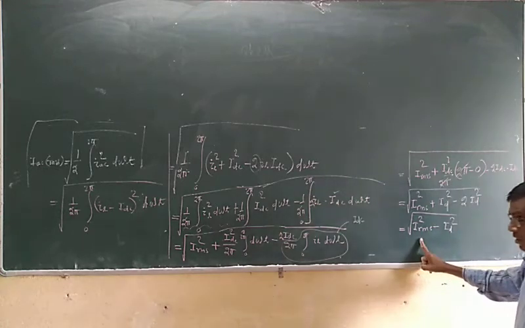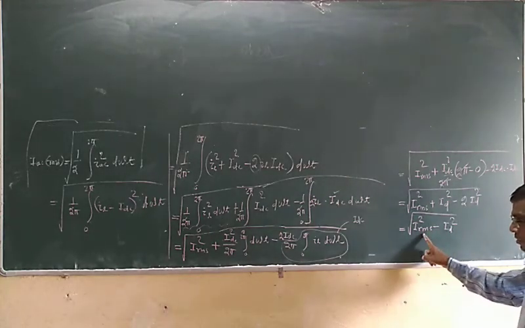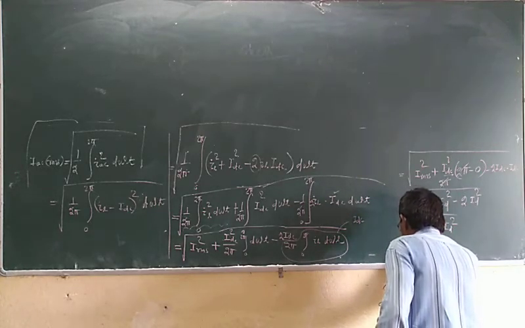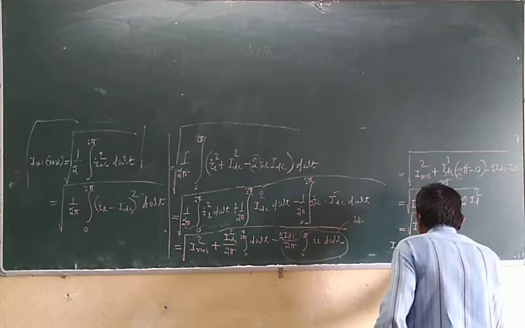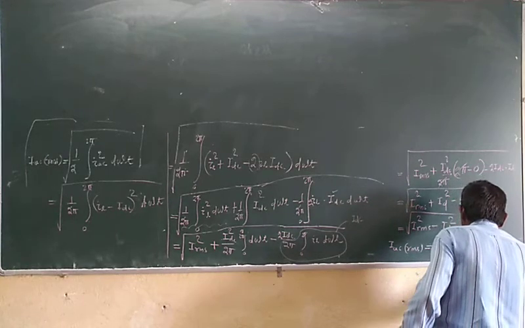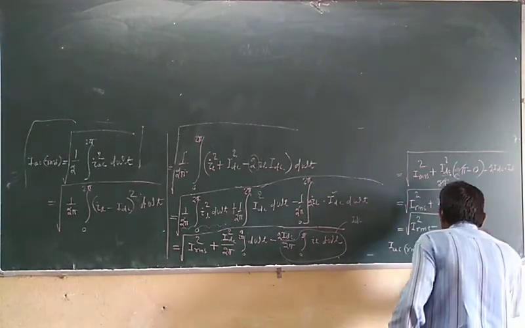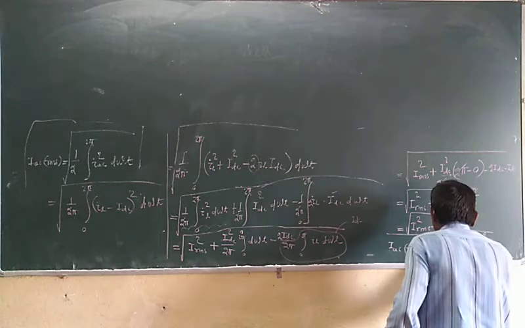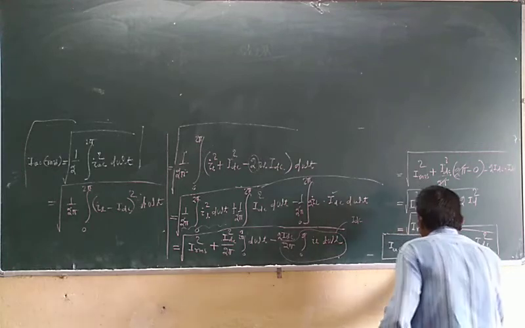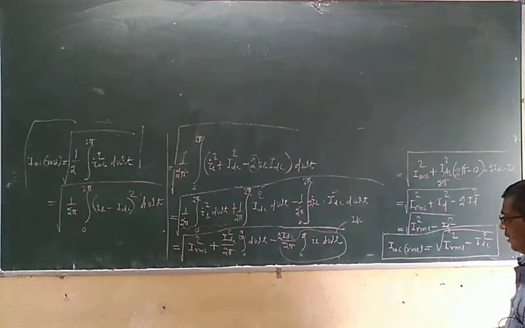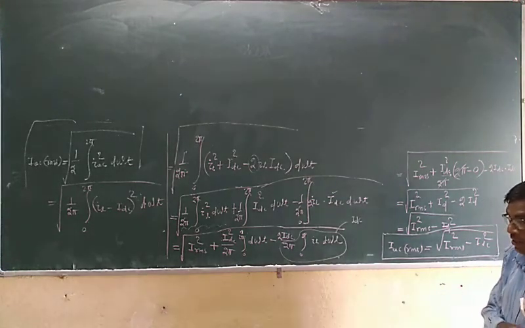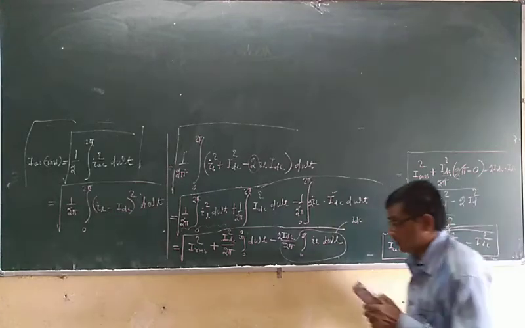So this is the ISC RMS value. The ISC RMS value is equal to the root of IRMS square minus IDC square. Now this is the ISC RMS. So the ripple factor is the ratio of ISC RMS by IDC. Ripple factor is gamma.